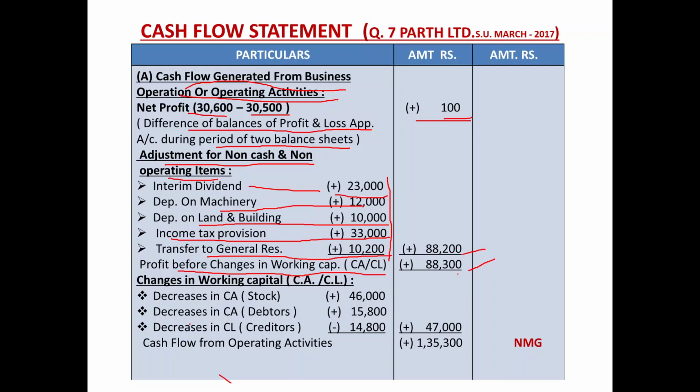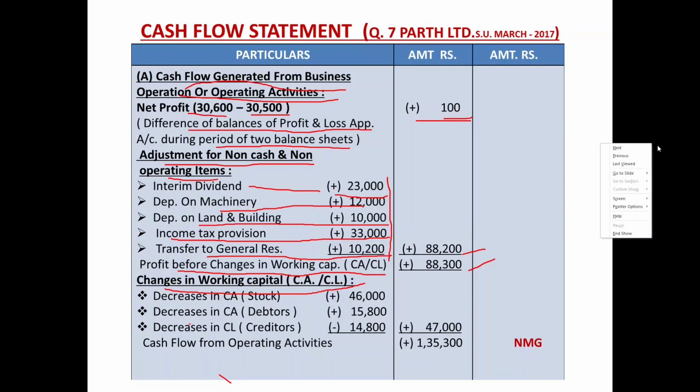Let us give the reporting for the changes in current assets and current liabilities, CA and CL. You know the relationship: current assets with cash flow, negative relationship; current liabilities with cash flow, positive relationship.